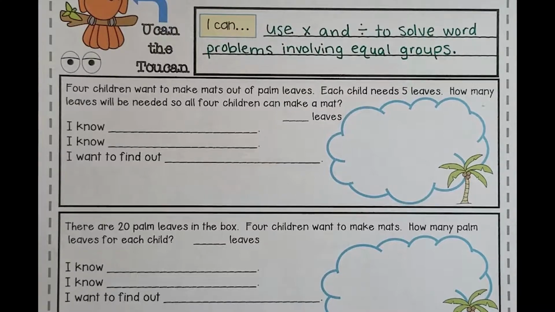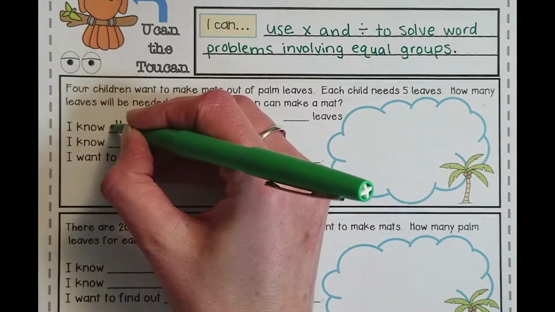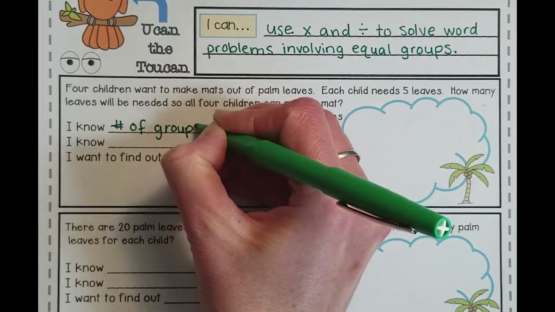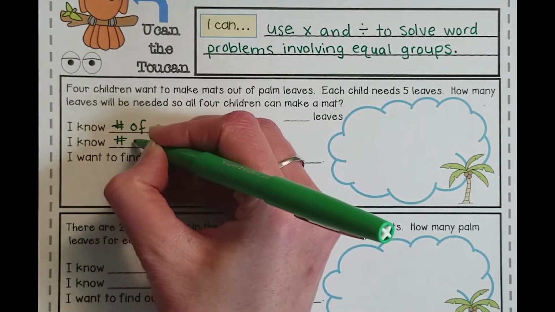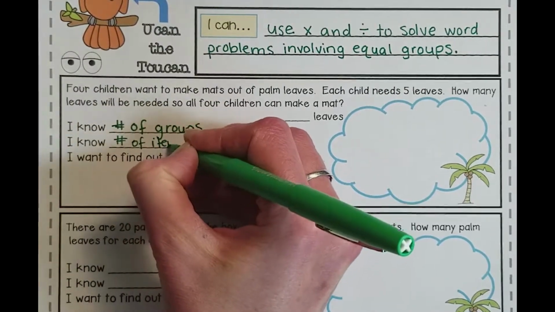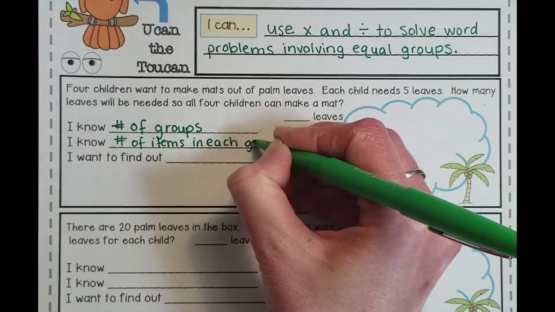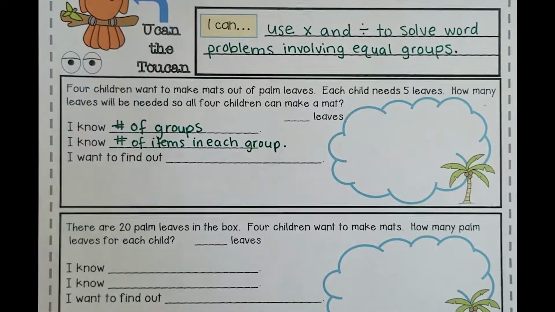Okay, so this time Ucan knows the number of groups. He knows there's 4 children that want to make a mat. And he also knows the number of items in each group. He knows that each kid is going to need to have 5 palm leaves to make their mats.